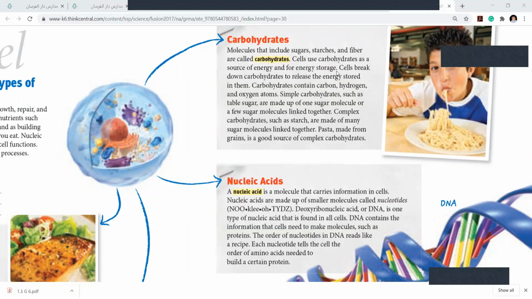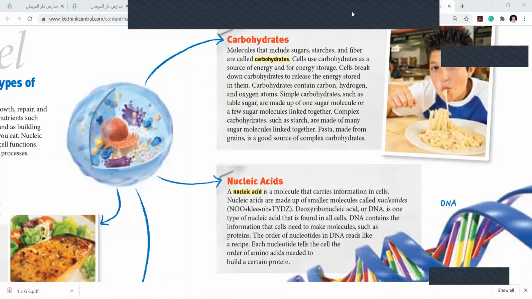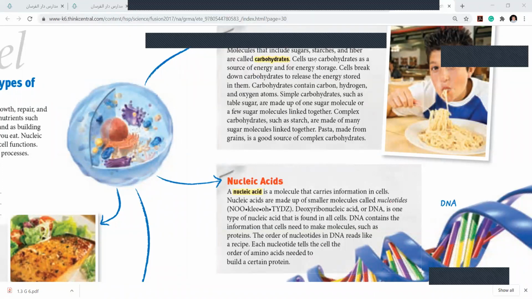Cells break down carbohydrates to release energy. The more important thing I'm talking about here is storing energy. Cells use carbohydrates as a source of energy, for energy storage, and to release the energy. There are two important things.